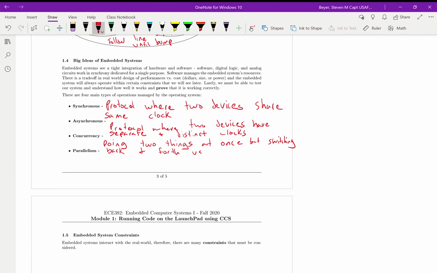And we use interrupts. And we'll learn all about interrupts throughout this course, what that means. But for example, on your computer, the operating system is looking at interrupts all the time. So as soon as you hit like the W key on a Word document, that's going to interrupt the processor, and it's going to then put up a W. So there's lots of interrupts, lots of concurrency in general purpose processing. And then parallelism is doing two or more things at the same time using multiple cores.